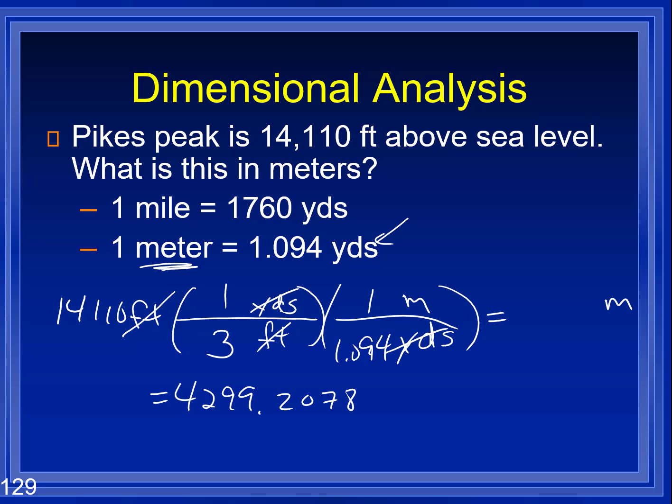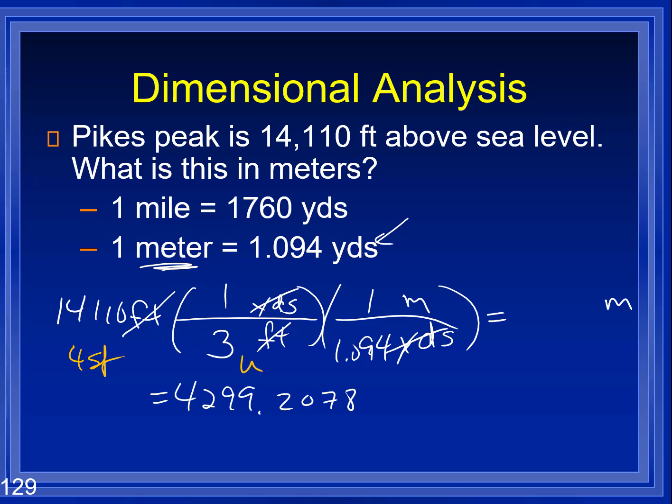So, sig fig wise, 14,110 feet. How many sig figs? 4. Yards and feet, same system or different system? Same system, so same system is unlimited. Meters and yards, same system or different systems?